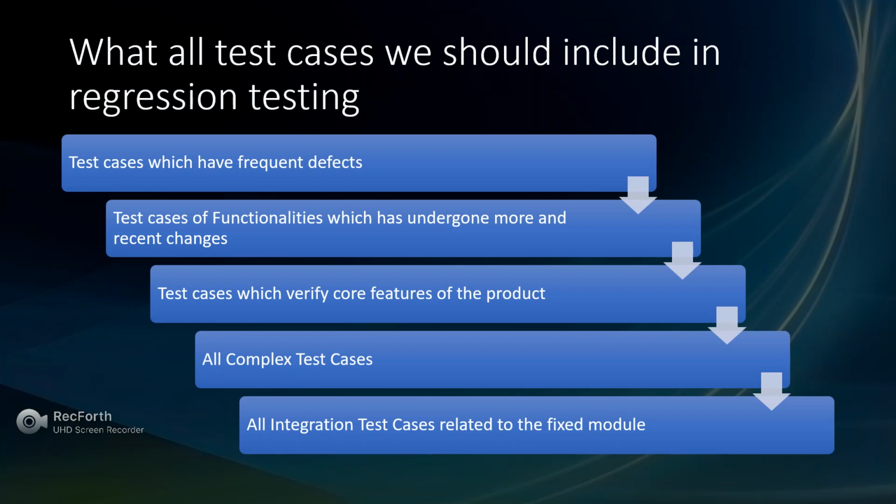You need to run those test cases as well. So this is how you can create your regression suite based on the changes they make. You can identify that you have to run this set of test cases, say 20 test cases or 30 test cases, based on the impact.